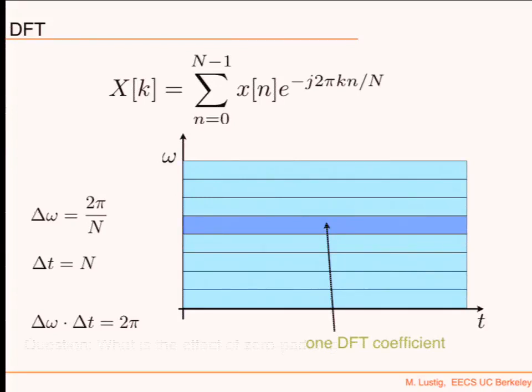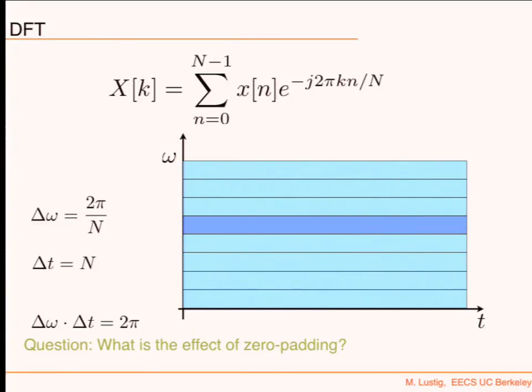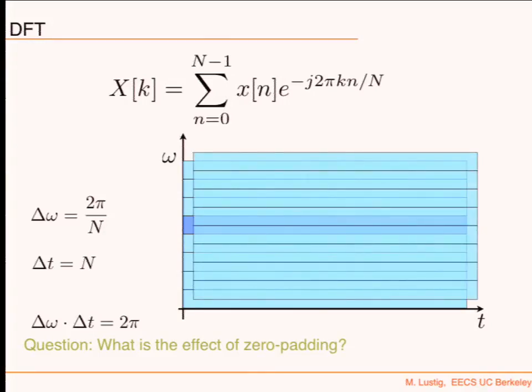Then I asked you what happens when you do zero padding, and zero padding doesn't add more resolution in frequency. So what does it do? Yeah, it's basically interpolation. So each coefficient of a zero padded, let's say zero padded by a factor of 2, each coefficient will represent now a center frequency around this point, not here, in the middle, but its uncertainty is still the same size.